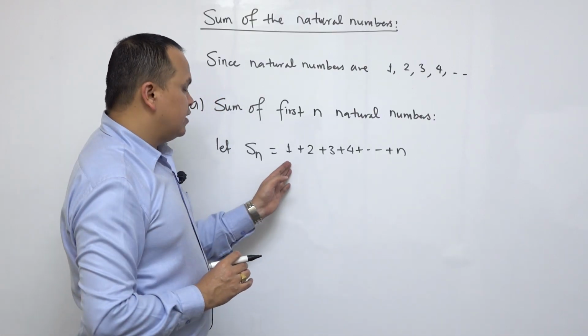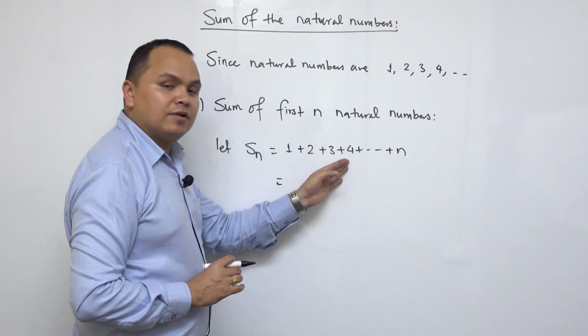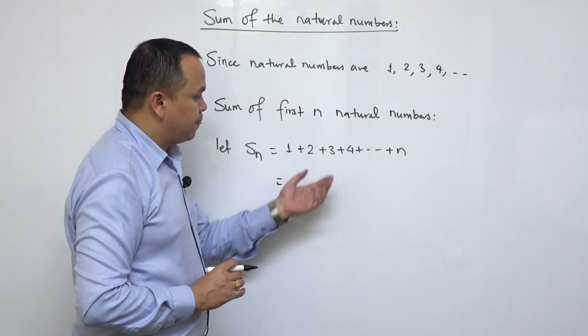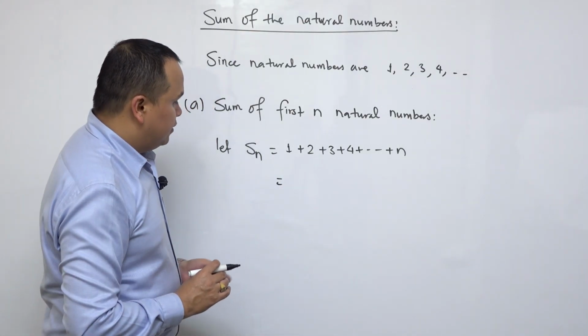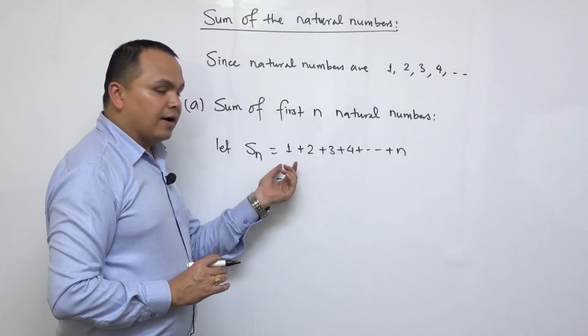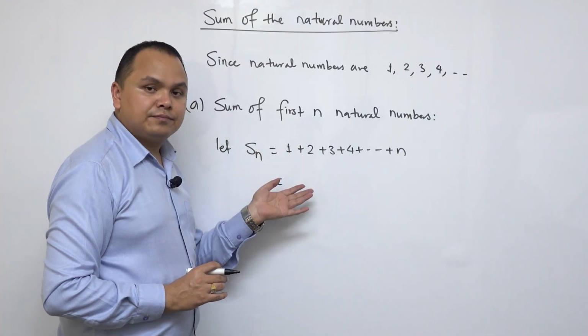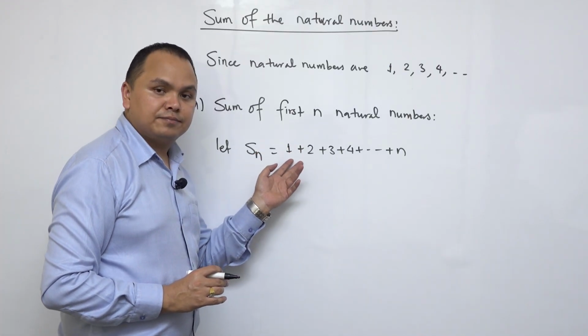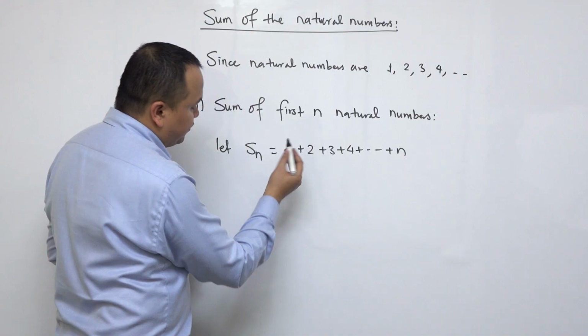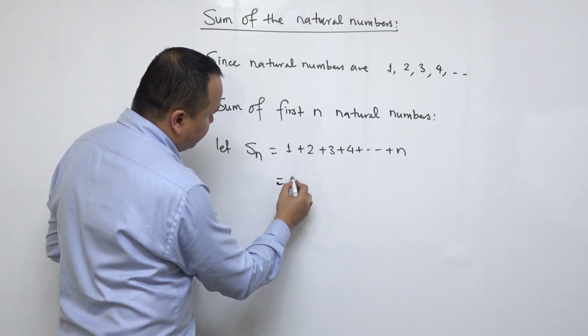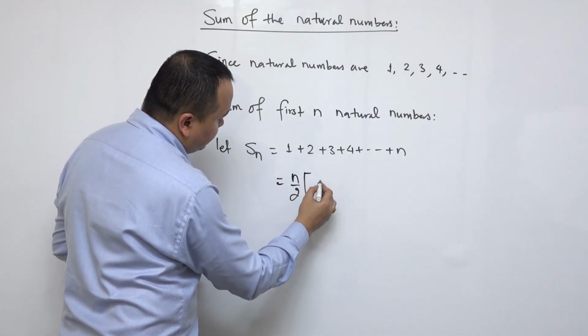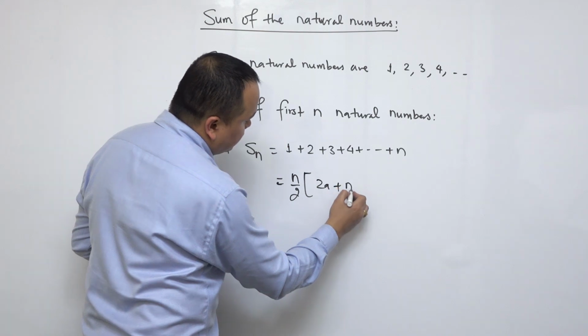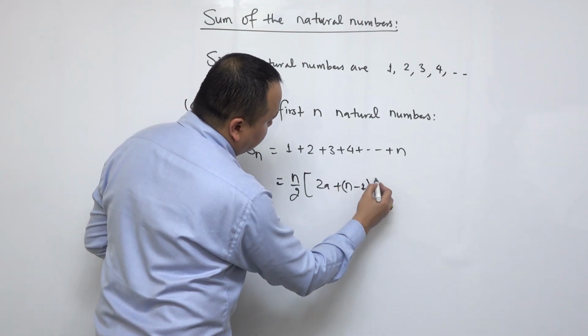Here 1 plus 2 plus 3 plus 4 plus ... plus n is an AP, because each term is increased by 1 from the previous term. So using the formula n by 2 times 2a plus n minus 1 times d.